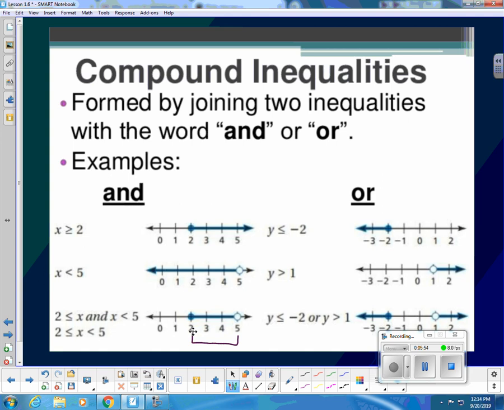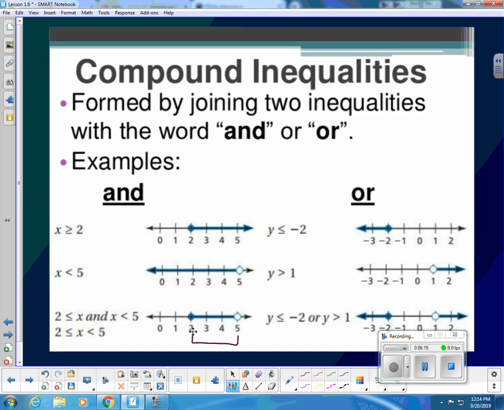So you have to pick a number that both of those work for. It's got to be greater than or equal to 2 and it's got to be less than 5. Okay? So it's in between. If it's an or, it can be one or the other. So you just kind of put both of those down. So it's less than a number or it's greater than another number.